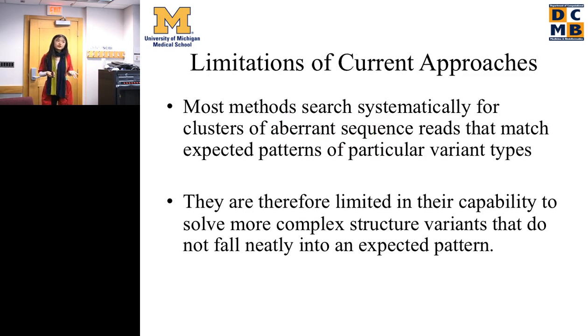But the problem here is there are various different types of variants we can have in the genome, and it's really hard for one person to imagine all the possible situations, right? That's why the current approaches have some problems solving the complex examples I've given before.